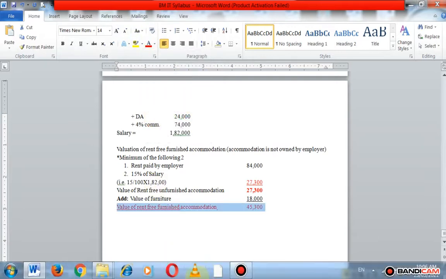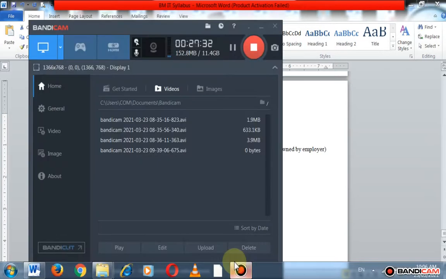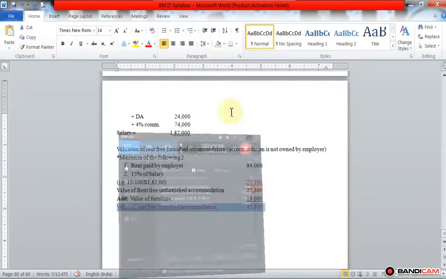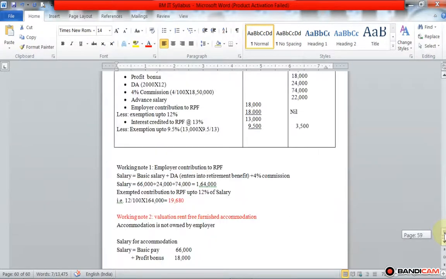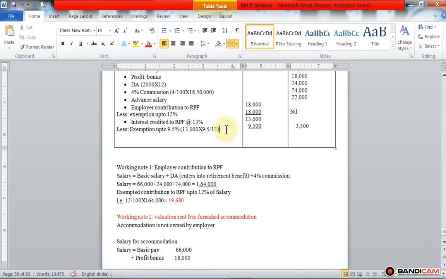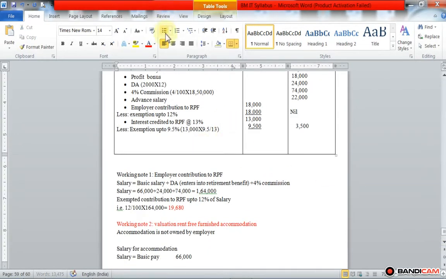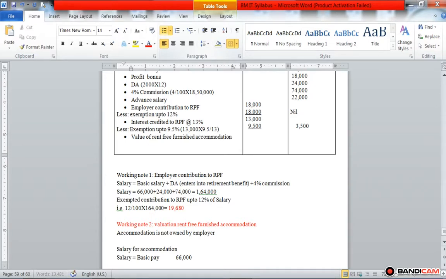Got it? Remember the valuation of accommodation, and put the figure here. So the value of rent-free furnished accommodation amounted to rupees 45,300.